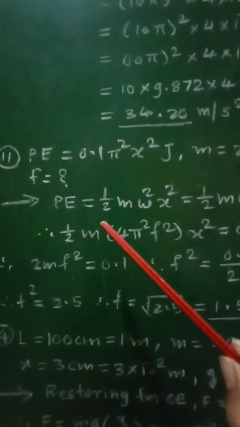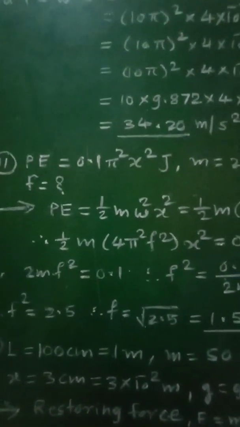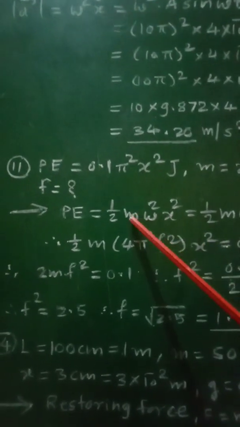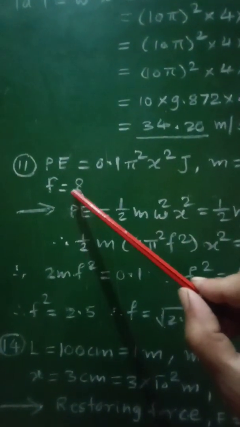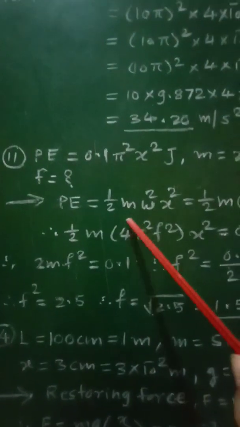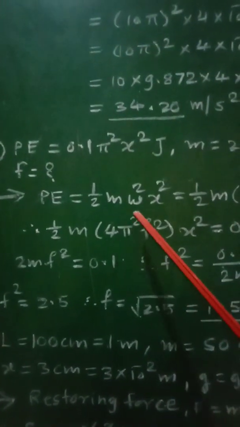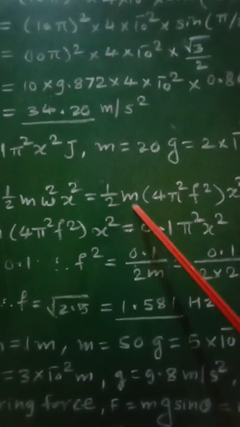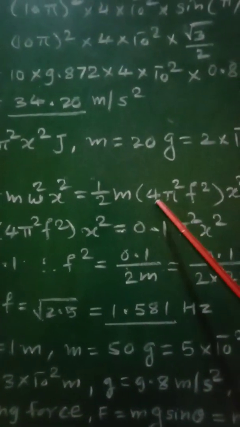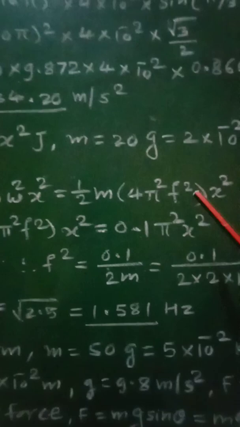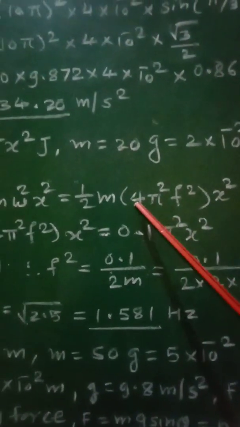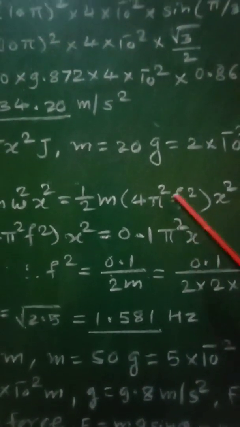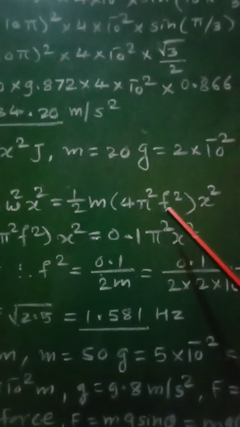Then potential energy is given by a formula, in order to find this frequency f. So potential energy equals half m omega square x square. Further, it will be written as half m 4 pi square f square into x square, since 2 pi f is omega, and its square is 4 pi square f square.